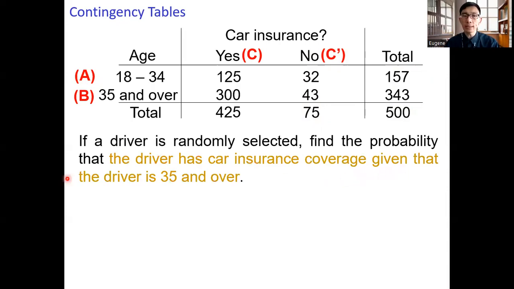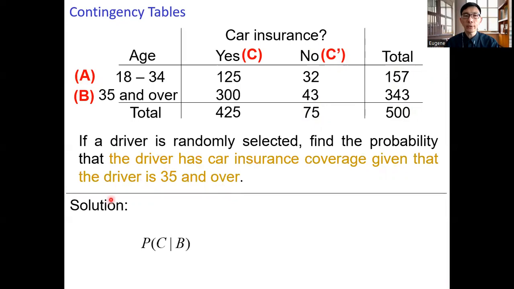Here we are given that the driver is 35 and over. So in probability symbols, we need to find the probability of event C given event B has occurred. Given that the driver is 35 and over, what is the probability that the driver has car insurance coverage?